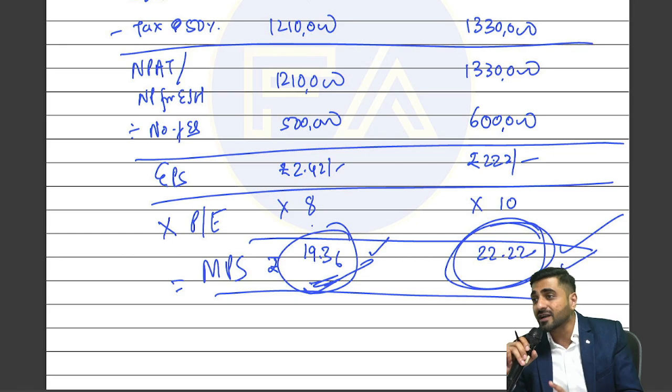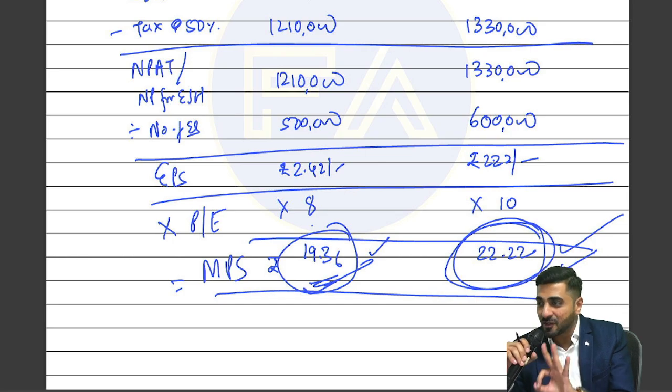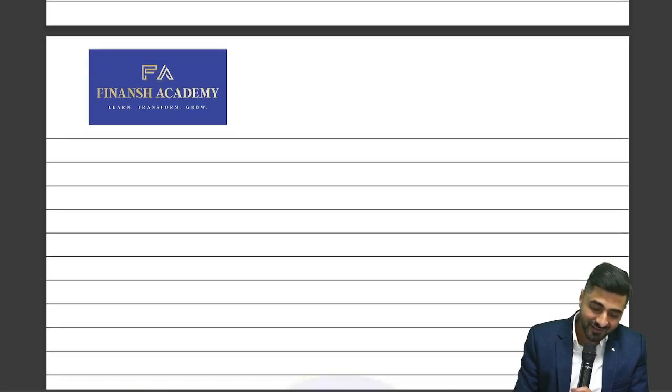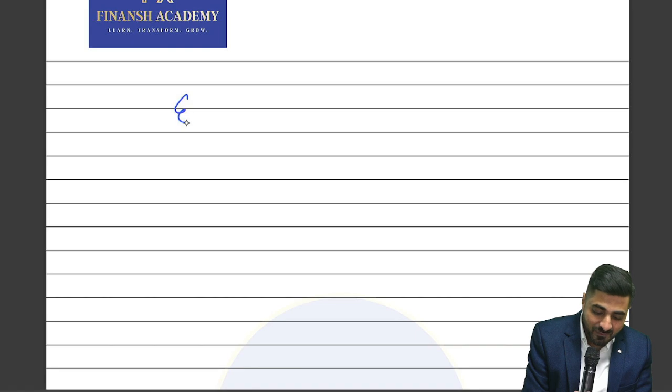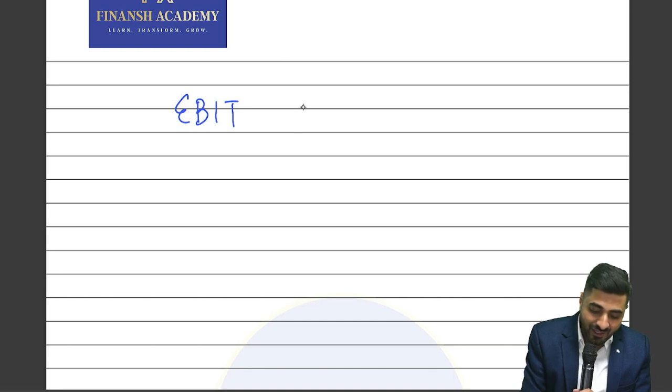Also, at the same time, I will explain the last thing, the relationship between three things. I know the moment the word relationship comes, what is Sriram thinking? EBIT, reference point.